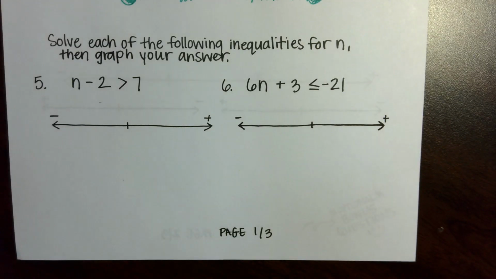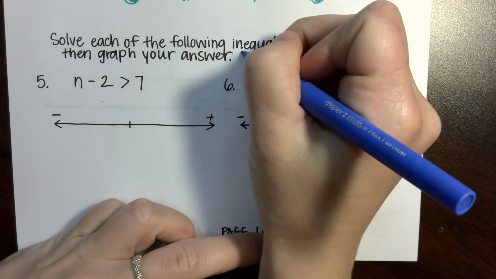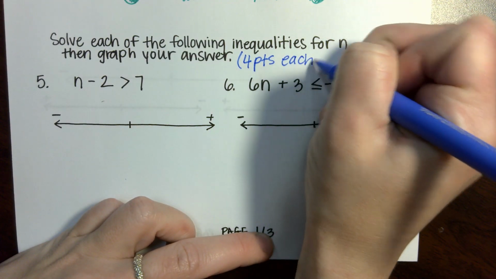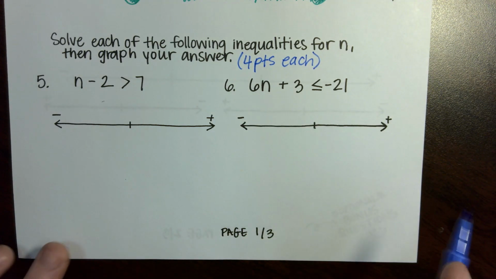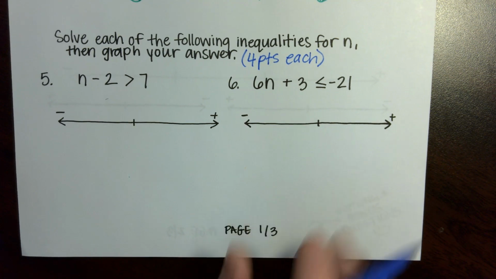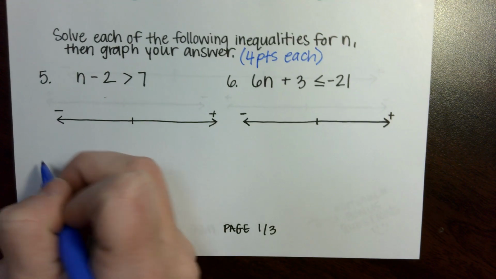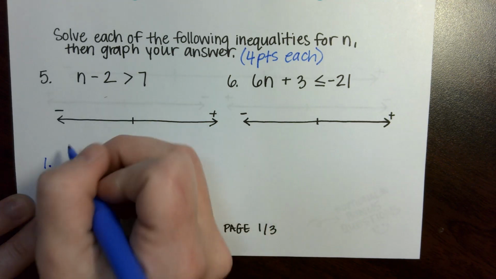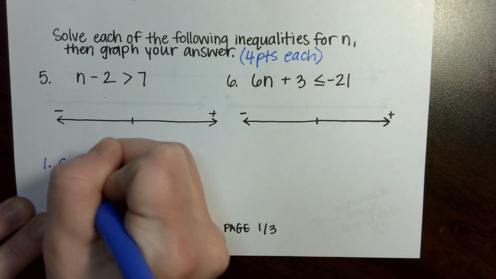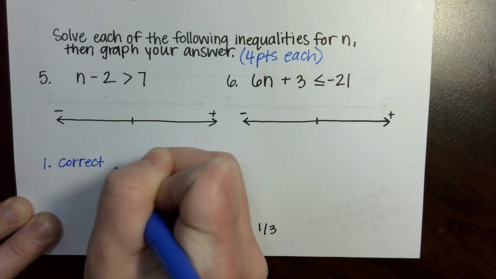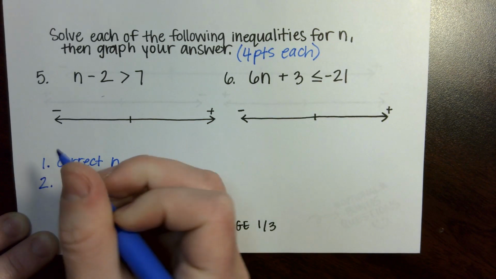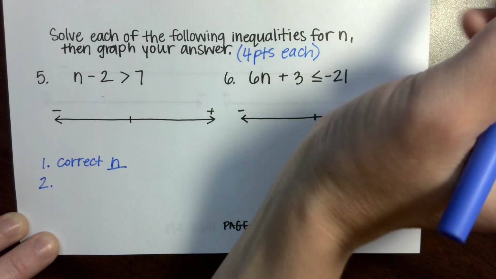These questions are worth 4 points each, and here's where you get those points. So the first point is for getting the correct value for n. The second, 3rd and 4th point are the same as we did earlier.